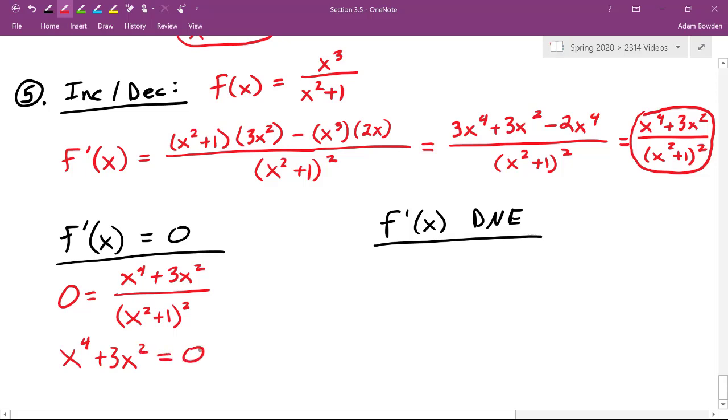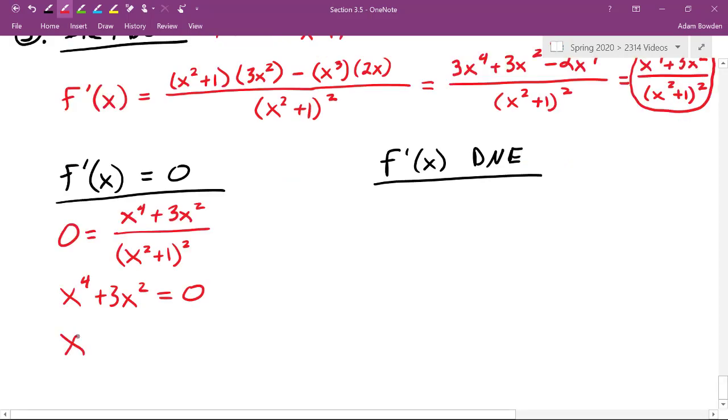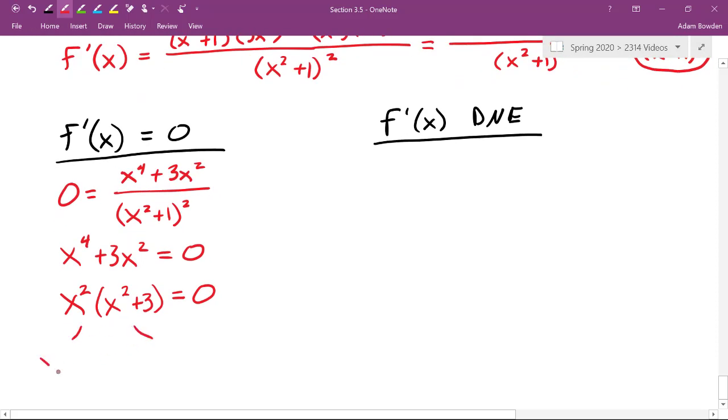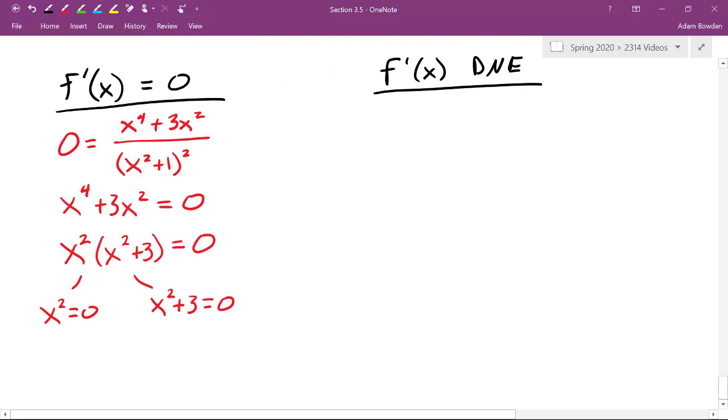So we take x to the fourth plus 3x squared equal to 0. If we try to solve this, we have x squared times (x squared plus 3) equal to 0. Setting these both equal to 0, we'll have x equal to 0 and x squared equal to negative 3, which is imaginary, so we're just going to ignore that and use x equal to 0 as our only number.